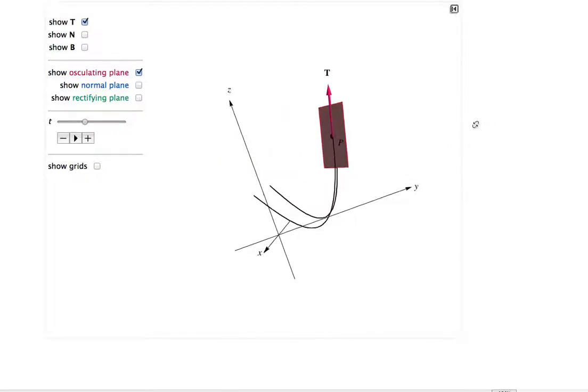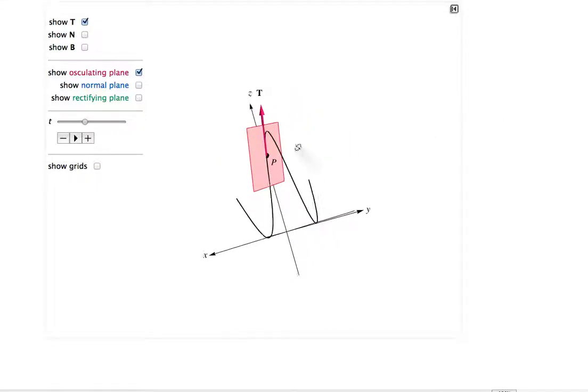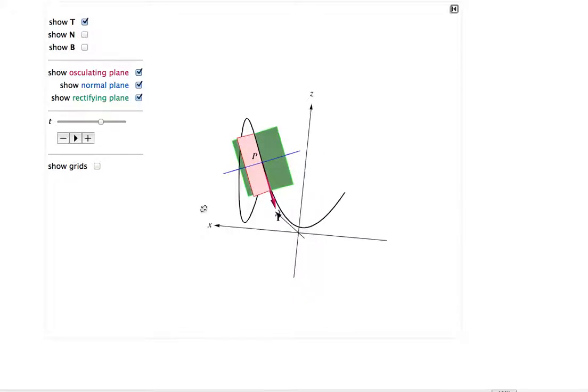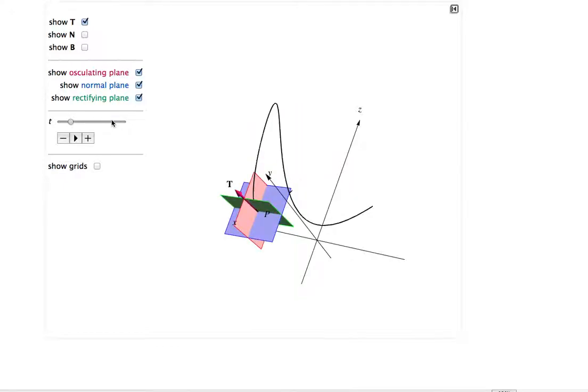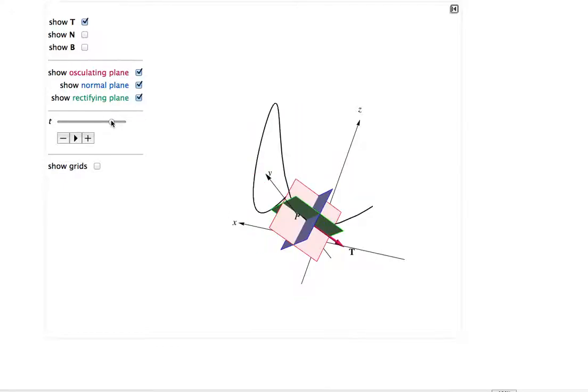So not only do we get an orthogonal system of vectors, but now we can also create a planar system of each of these three planes, and allow us to have a kind of referential frame of reference, so that we can move along the trajectory and keep our three-dimensional orthogonal system of components.